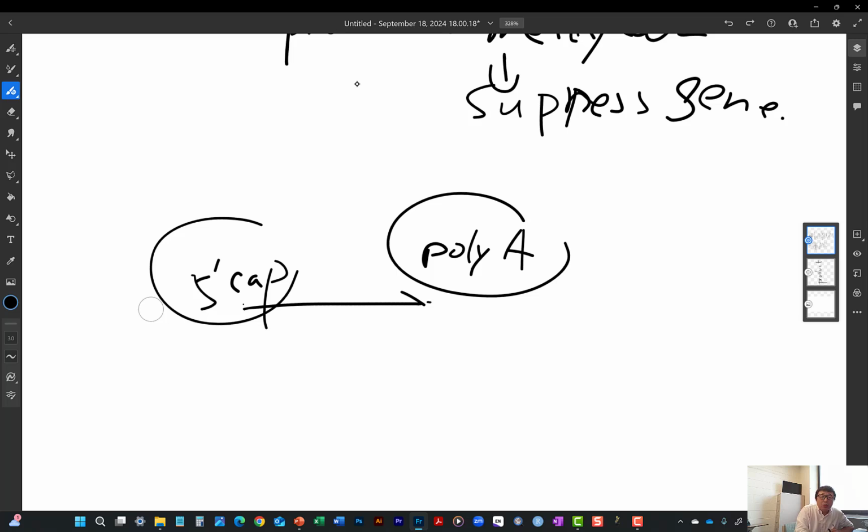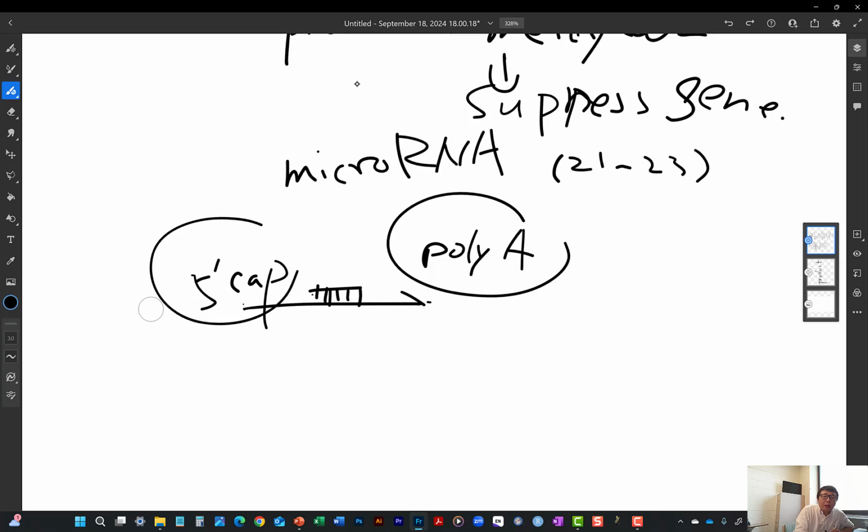And then this mRNA, when it gets into the cells, can go through several rounds of translation. And each round of translation, the mRNA becomes less stable. And after several rounds, this mRNA will degrade by itself. However, if you have something else, a tiny small RNA, call it microRNA. MicroRNA is about 21 to 23 bases, not base pairs, bases.